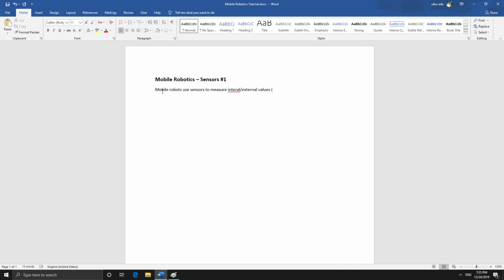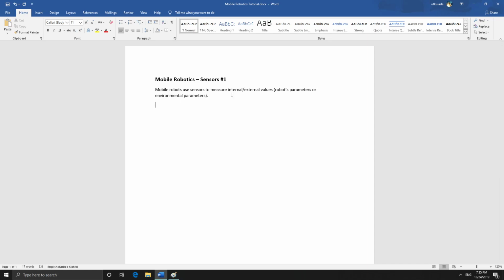So either robots' parameters or environmental parameters. And of course the internal values are the robot's parameters and the external values are the environmental parameters.